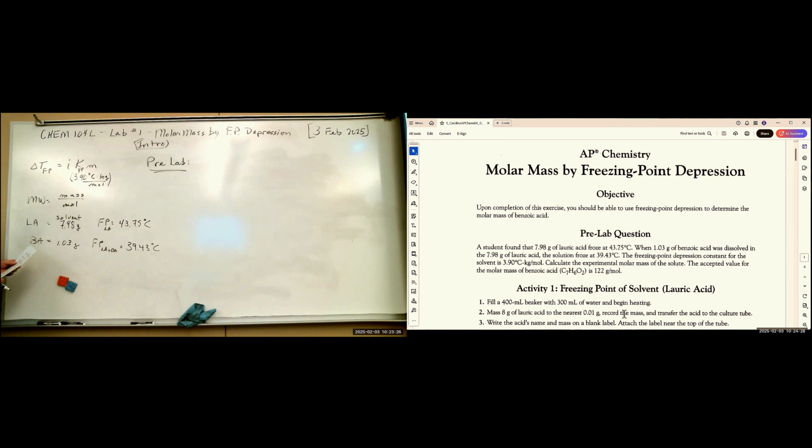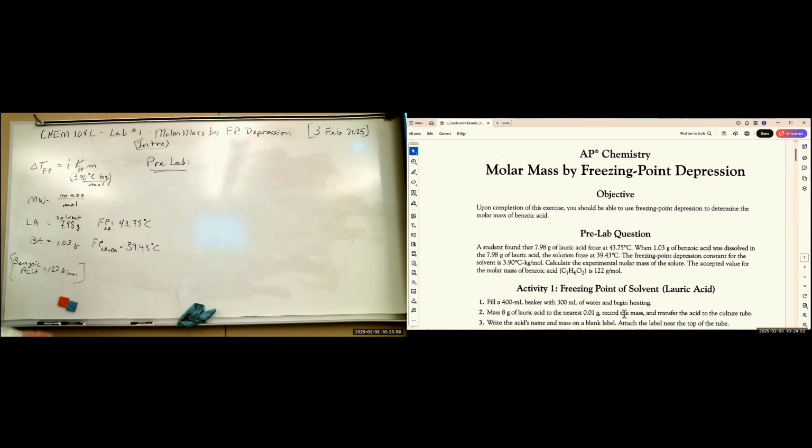The accepted value for benzoic acid equals 122 grams per mole. That's what we compare our results to. So far, so good?